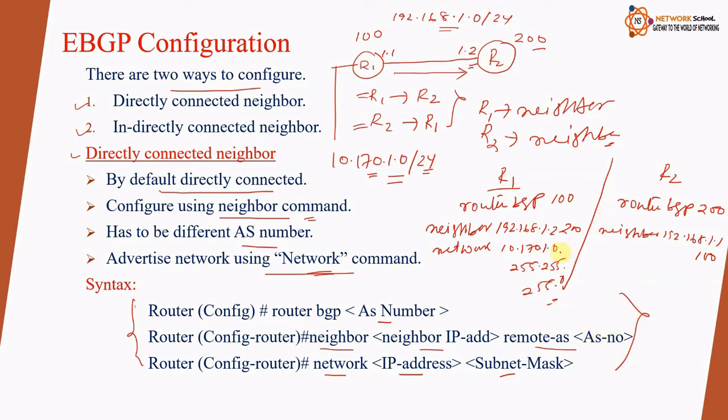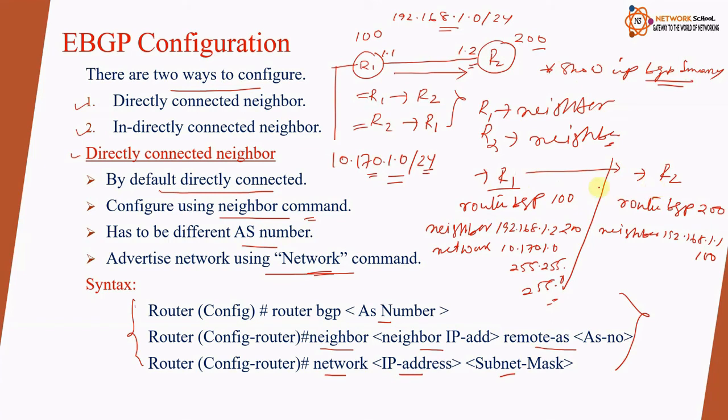This is the syntax that we will use for the neighborship. Once the neighborship is formed between R1 and R2, we can use the command show ip bgp summary. If we use the command at R1, it will show that R1 has a neighborship with R2.